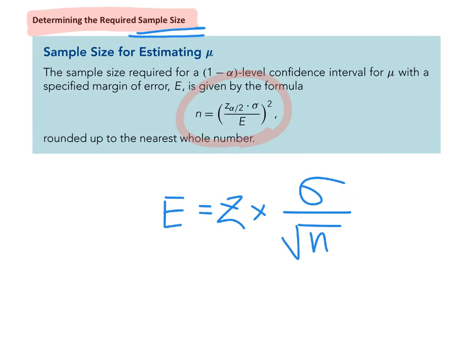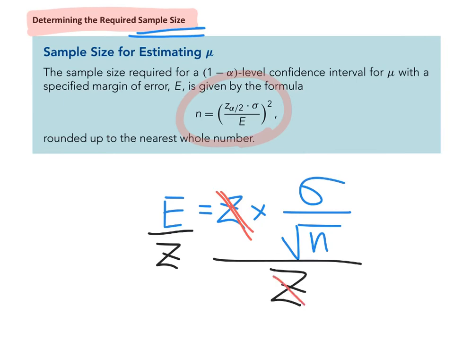Okay? If I want to delete the z, what should I do? Divide by the z, right? We divide by the z here and by the z there, then we can cancel out the z on the right hand side.